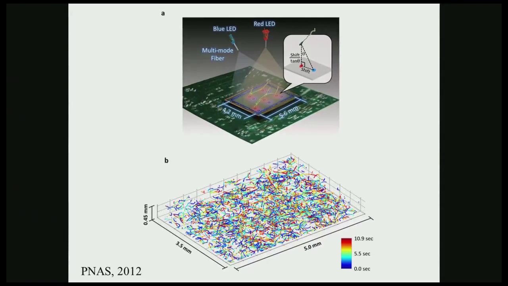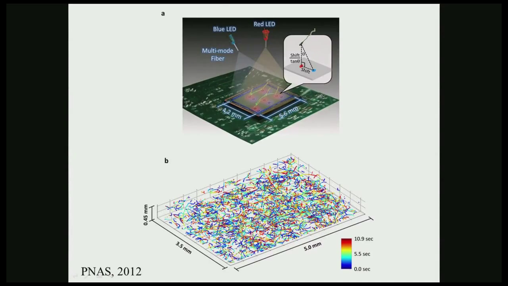I'll share with you some of our results on looking at sperm motion in 3D, but not just a few of them, not just a few tens of them, literally a few thousands of them in parallel, where we're tracking the sperm head at maybe 100 to 200 frames per second in 3D with submicron localization accuracy over a very large volume of about 10 microliters. So it's a giant pool for the sperms.